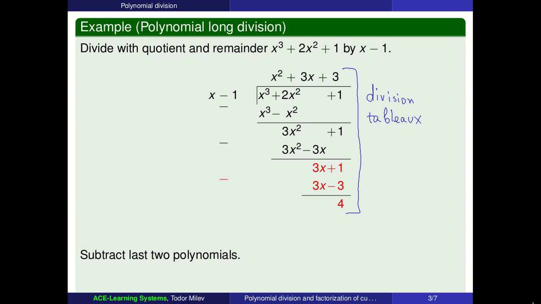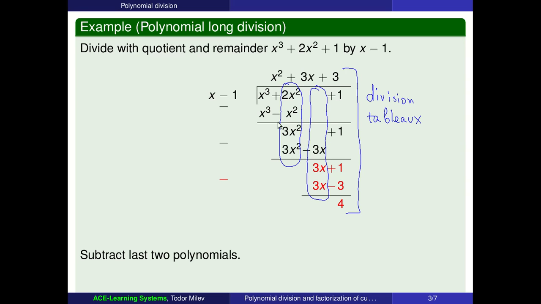Now, one thing I want to stress is that we have to be very careful when writing our division tableau. We have to make sure that terms are aligned properly. So all squares, all second degree terms, must fall in the same column. All first degree terms must fall in the same column as well.